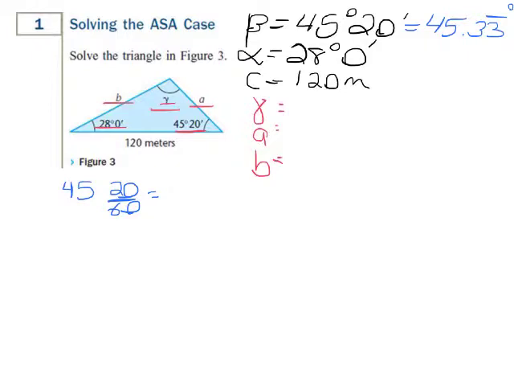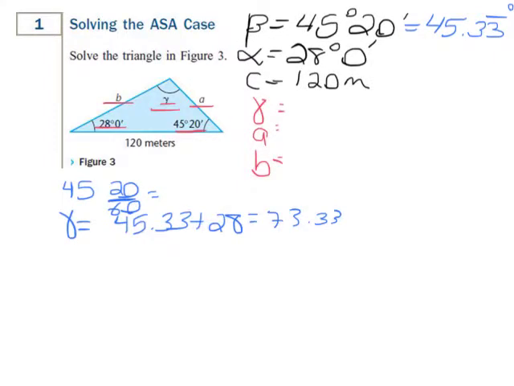Okay, now if we go to the alpha, we've got 28. So to find gamma, all we have to do is go, let's see, we've got 45.33 plus 28, which is going to give us, let's see, 0.33, 8 and 5 is 13, carry the 1, 73.3.